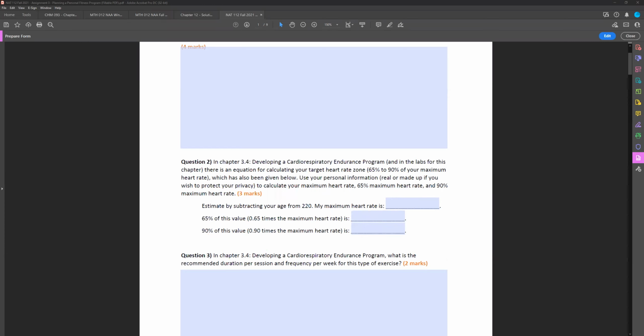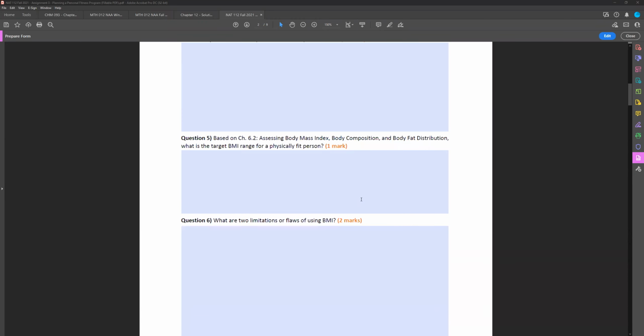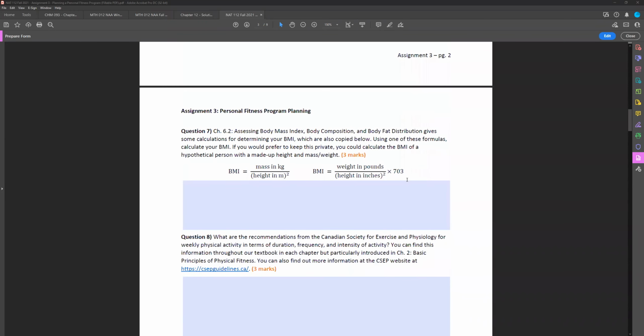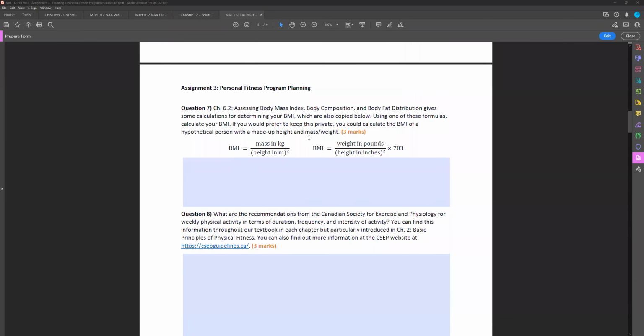For sure. While I'm doing math, I may as well do the BMI as well. So the BMI calculations, there's two here, depending on if you know your height and mass in metric, or if you know it in imperial, in pounds, and height in inches.